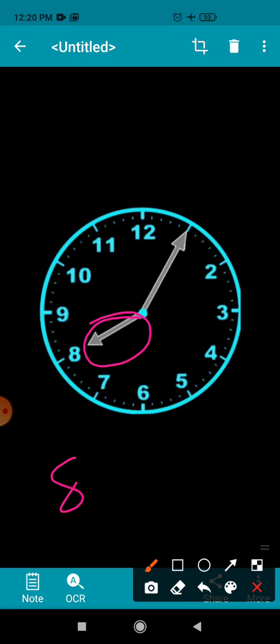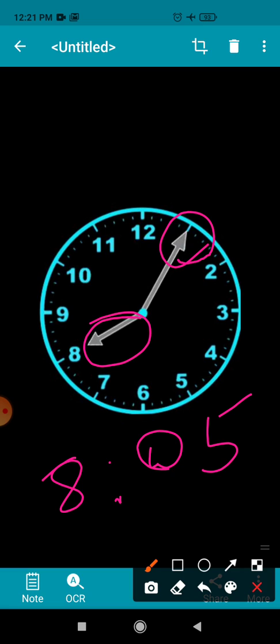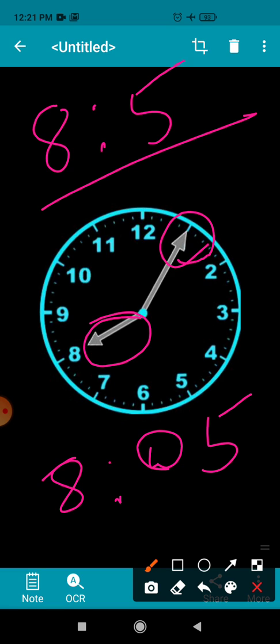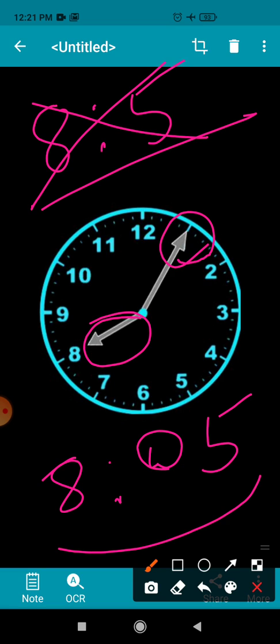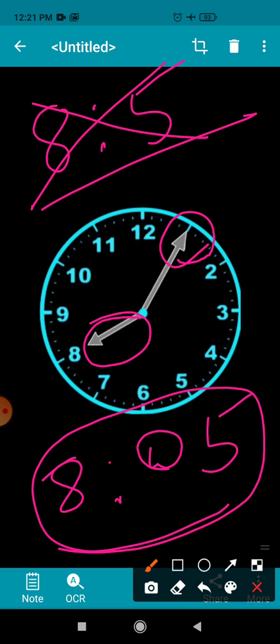The small hand is on 8, the big long hand is on 1, 5 ones are 5, so you will write 8:05. You will not write it as this. This is the wrong way of writing. Always you will write 8:05 as this. And children, it will be read as 5 minutes past 8.